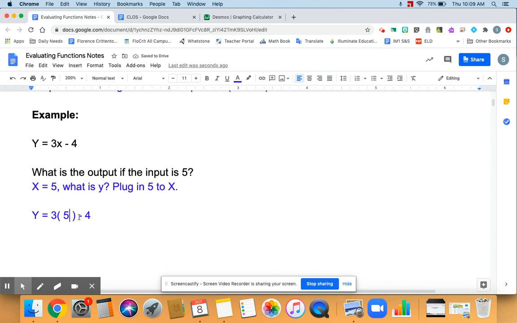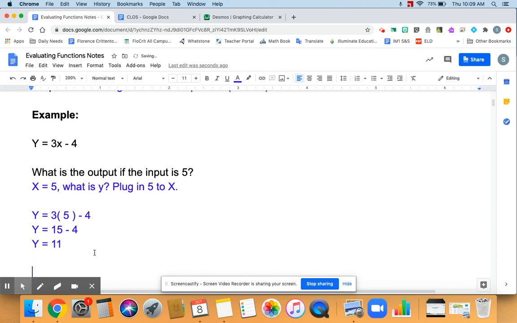And then to figure out Y, I just have to do the math. So remember, in order of operations, we have to do what first to the 5? Do I times it to 3 first, or do I minus 4 first? Multiplying comes before subtracting. So first we do 3 times 5. And 3 times 5 is 15. And then you have minus 4. And now if you do 15 minus 4, you'd get 11.